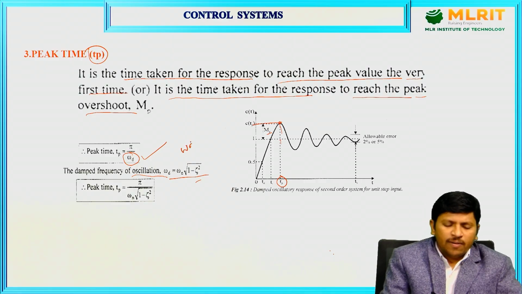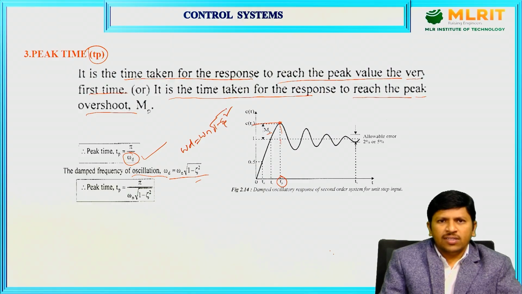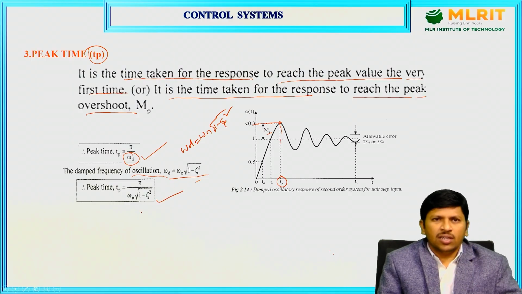Here the peak time Tp, in place of omega d, just substitute omega n into under root 1 minus zeta square. This is the peak time formula.